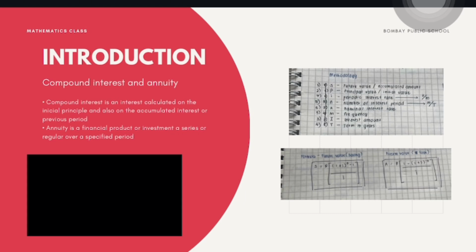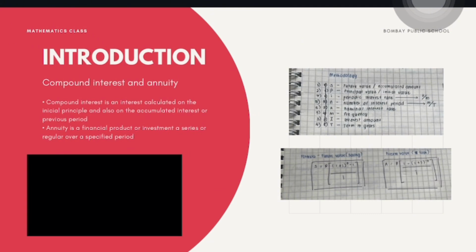The second type of annuity is present value: A equals R[(1 - (1 + i)^-n) / i], and the last one is I equals Rn minus A.